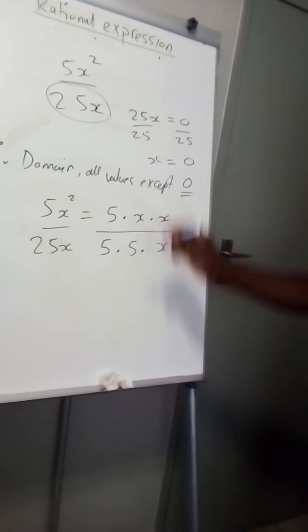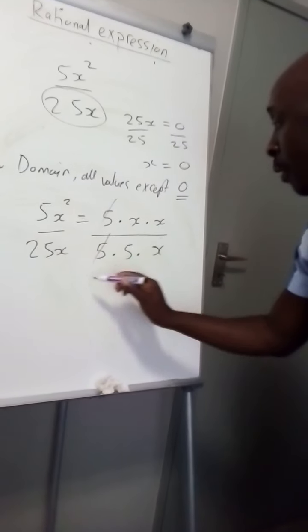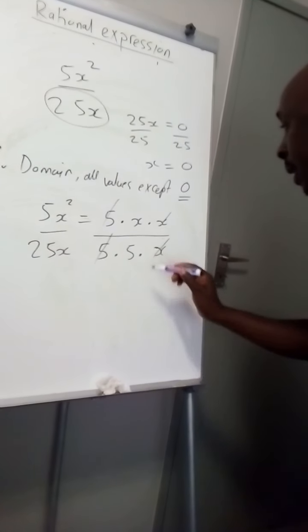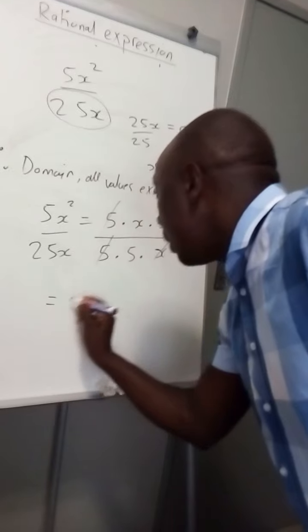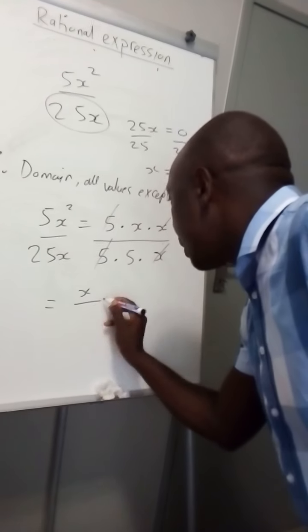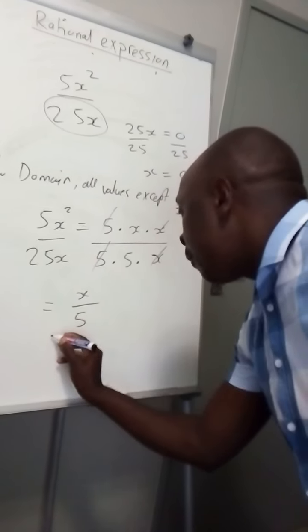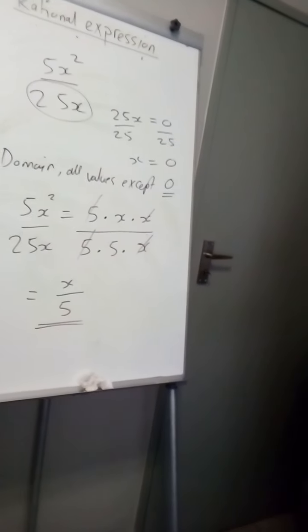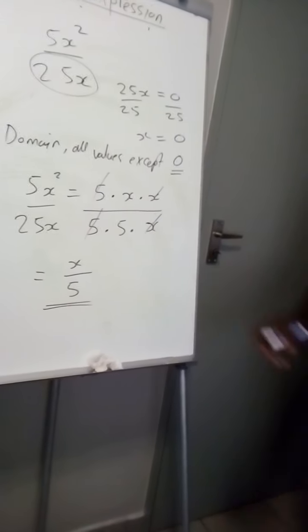We find the common factors. So our answer is x over 5. That is our solution when simplifying this.